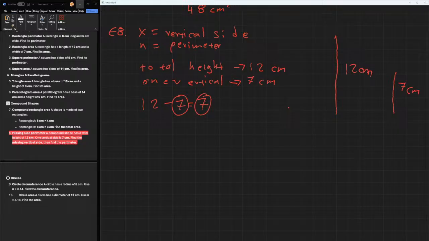So if, hypothetically, I do 12 minus 7, that is 5 centimeter, let's say. Okay, for this is question 8.